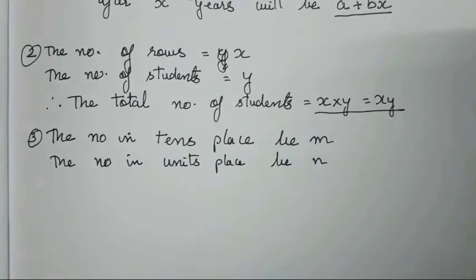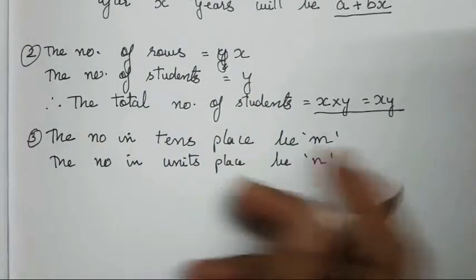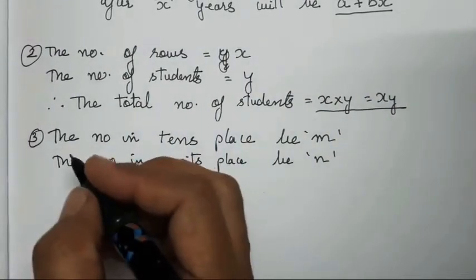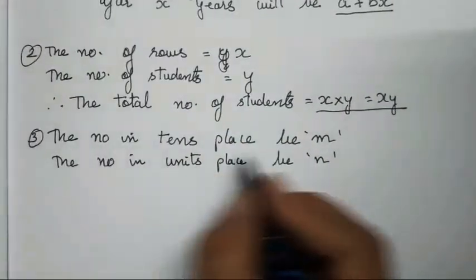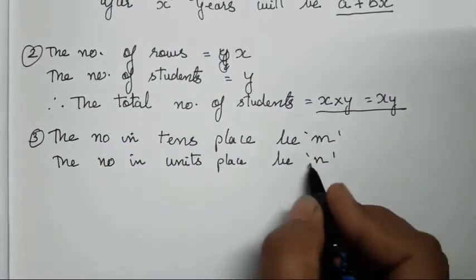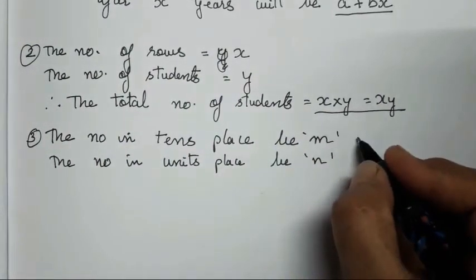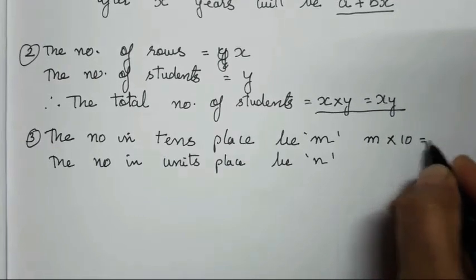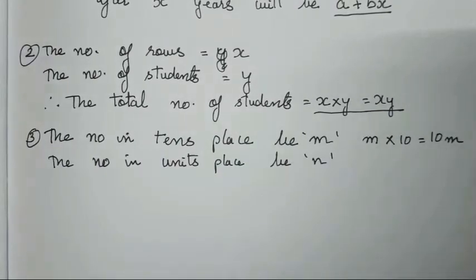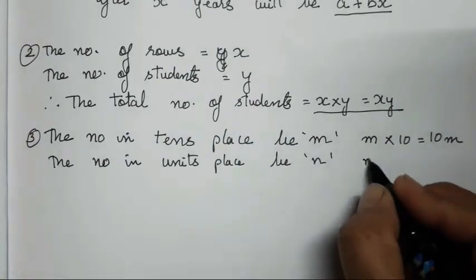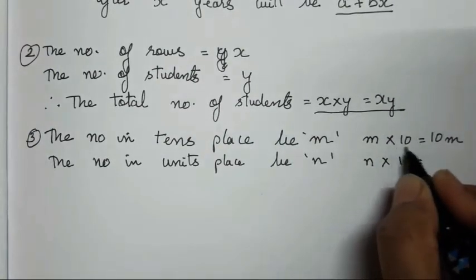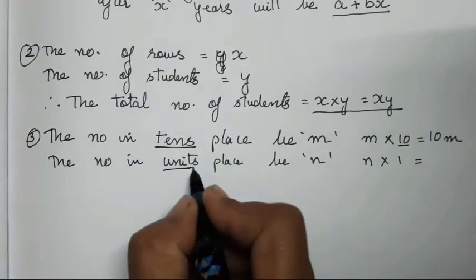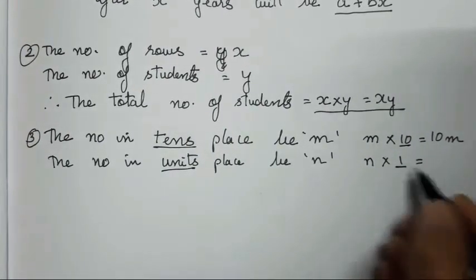Okay, so you all can write these two sentences in your own language also, but I find this easy, that is why I am doing it. So the place value, now this is m in the tens place and n in the units place. That means you all have to multiply m into 10, which will be 10m. Got it? And n is in the units place. So n into 1. We all know tens means you have to multiply it with 10. When it's units, you have to multiply it with 1.